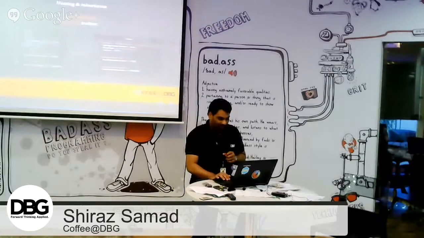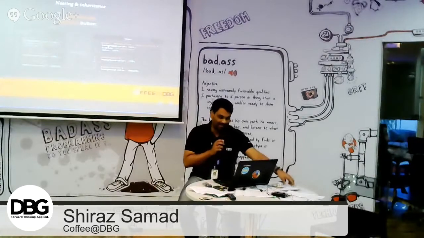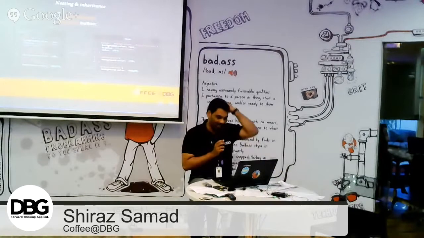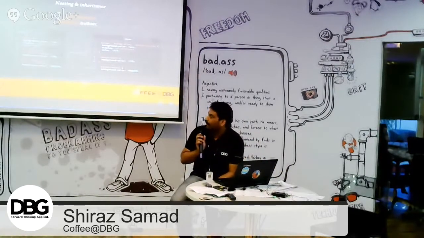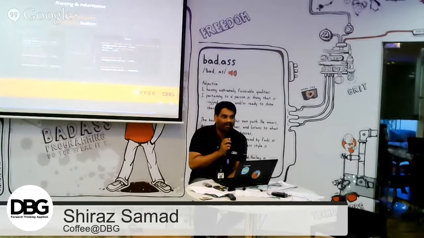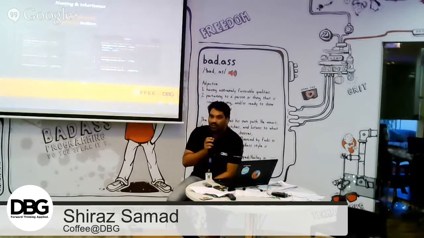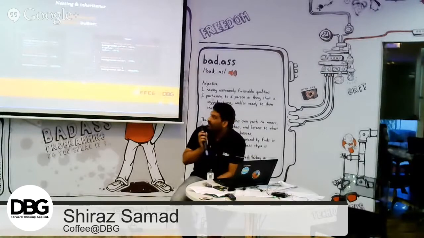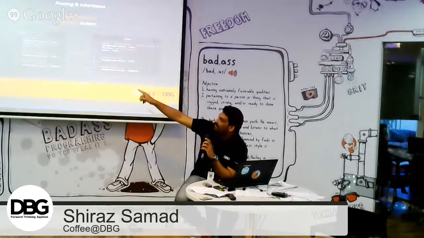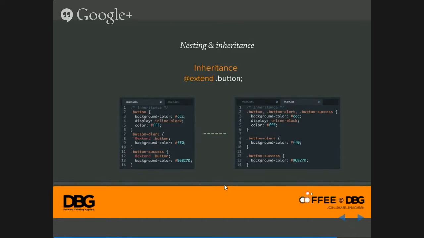And moving forward, inheritance. Actually, what inheritance does is it helps to copy properties between selectors. For example, we have a button, a class of dot button, and it has background color, display color, and properties like that. And I have another button in which the background color is red and my color is white or something.